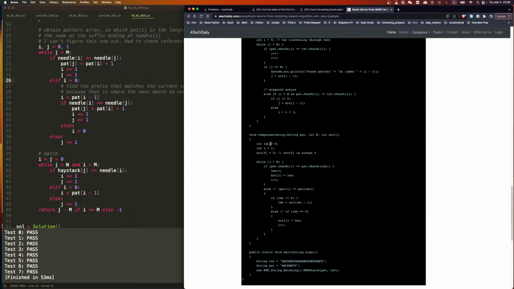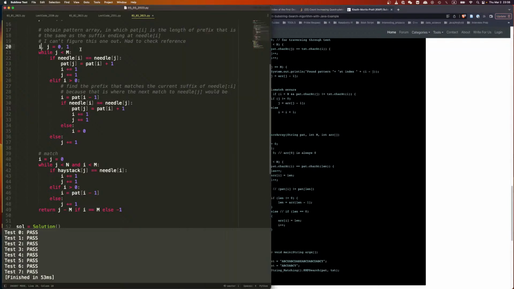So J is 1. Length. So instead of saying it's I, we call it length, the length of the prefix. Okay, so we can say L. L is the length of the prefix.